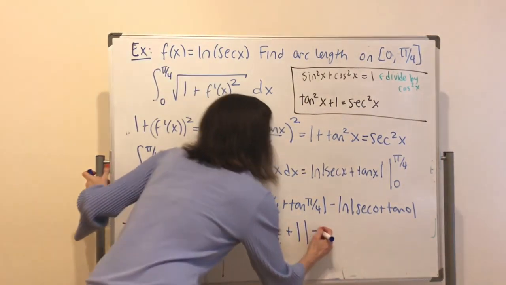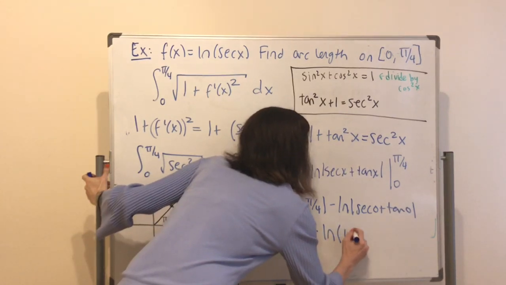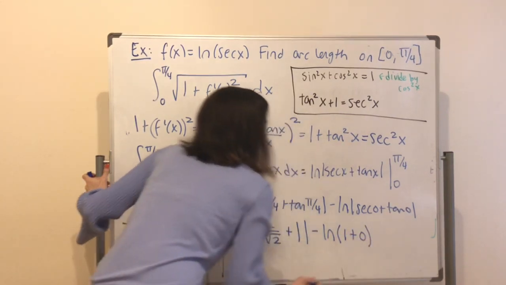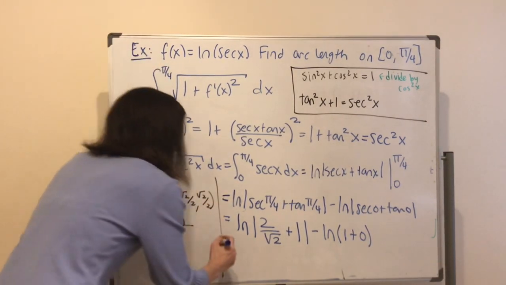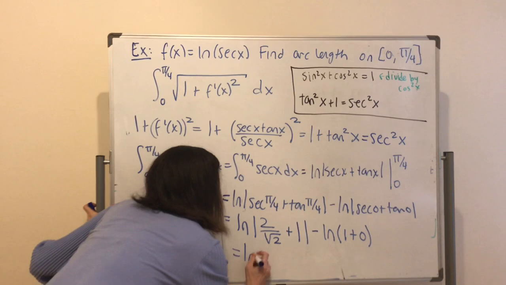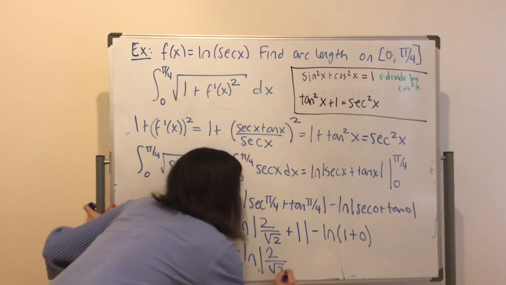And then the secant of 0 is 1. The tangent of 0 is 0. The natural log of 1, excuse me, is 0. And so we're left with just this, ln of 2 over square root of 2 plus 1. Doesn't matter about the absolute value, the number is positive.